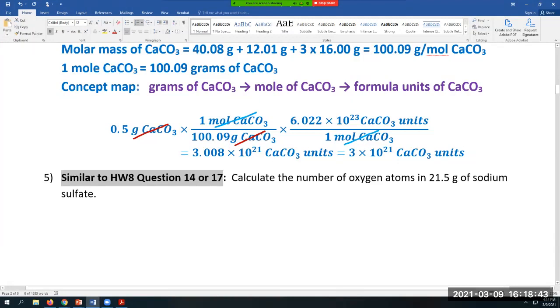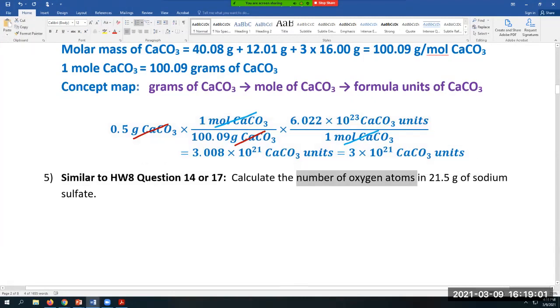So calculate the number of oxygen atoms in 21.5 grams of sodium sulfate. We need the number of oxygen atoms, right? So see atoms as particles, right?